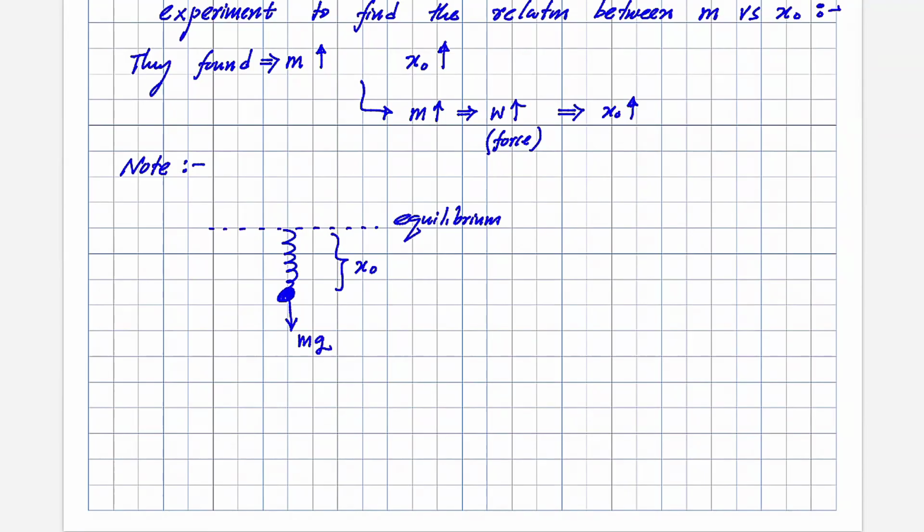This is going to be mg. Now you have to understand, this x0 is because of this attachment mg, right? Actually, I need to change this one here.